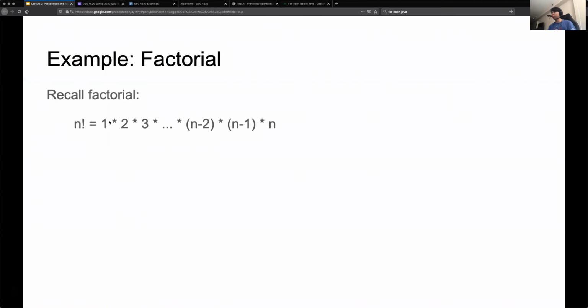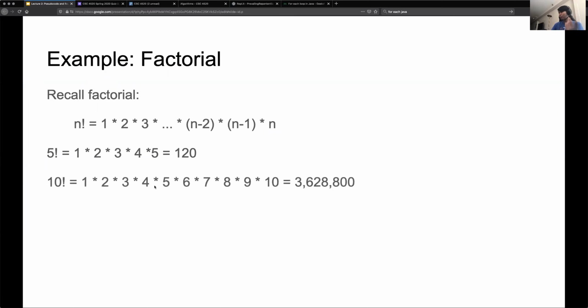If you don't remember, factorial is represented by this exclamation point, and it means that you're going to take the number and multiply it from 1 all the way up to that number. So if we have 5 factorial, it's 1 times 2 times 3 times 4 times 5. If we have 10 factorial, we have 1 times 2 times 3 times 4 times 5 times 6 times 7 times 8 times 9 times 10, which gives us 3,628,800. I think I said that right.